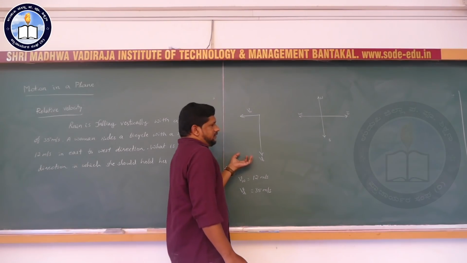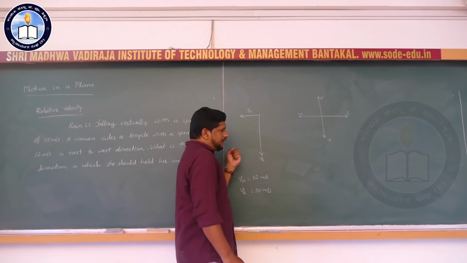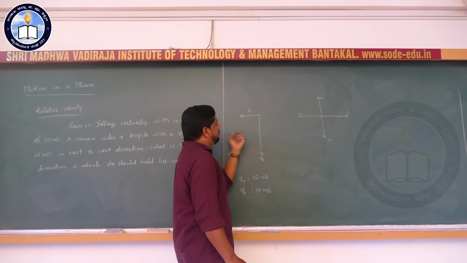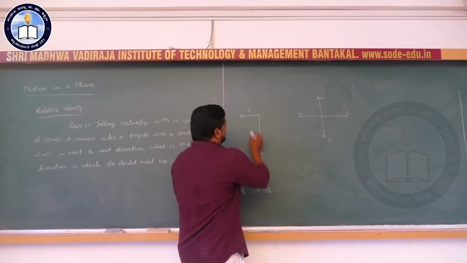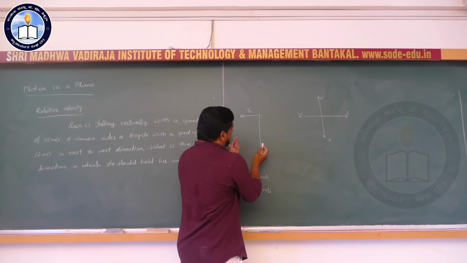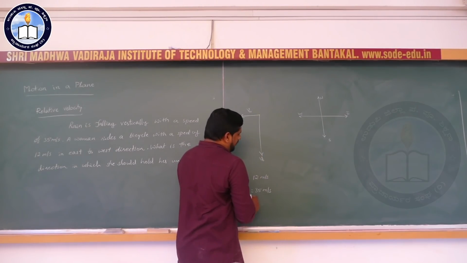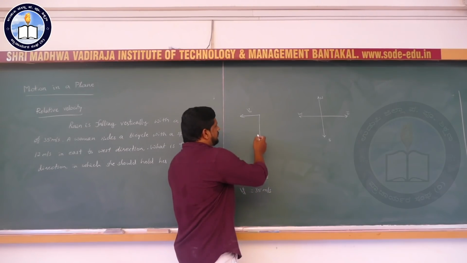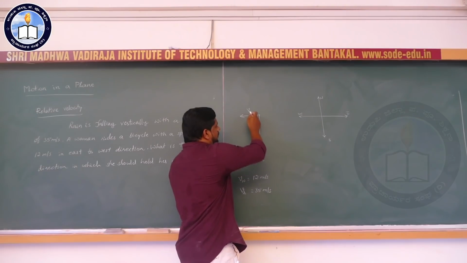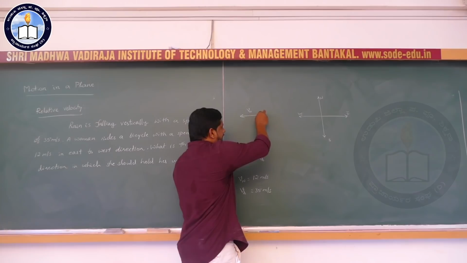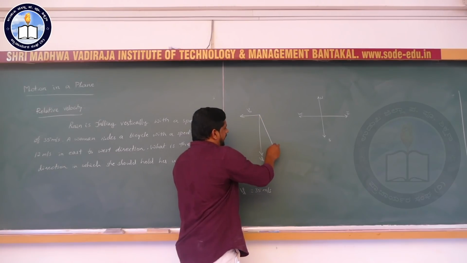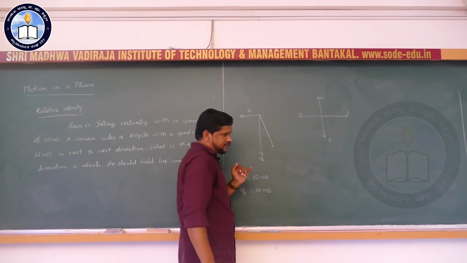If she is using an umbrella just to protect herself from the rain, at what angle should she hold her umbrella? For this, first let me define VRW or VWR, that is, the velocity of the woman with respect to rain. If you define that, this will be the direction, somewhat like this.